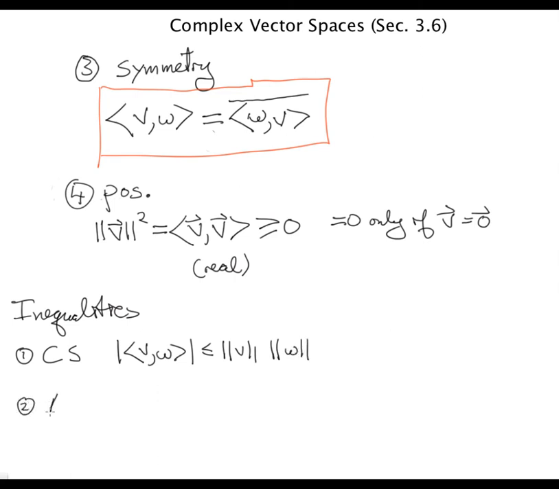And the triangle inequality says that the norm of v plus w is less than or equal to the norm of v plus the norm of w. And all of these things over here are real numbers. As a matter of fact, positive real numbers.